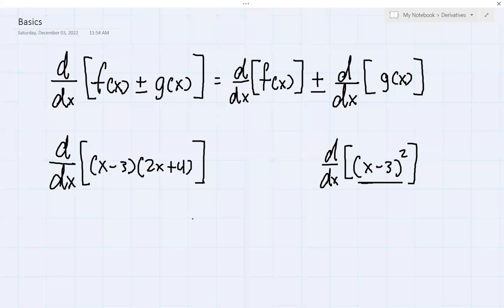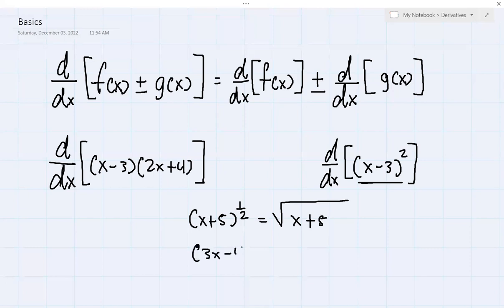What if meron akong ganito? Sabi natin x plus 5 raised to 1/2. So, meron kang exponent na ka-square root. Or, basically, exponent na ka-fraction. Kasi ito, kapag may fraction na ganito, ibig sabihin nun, naka-square root of x plus 5. Meron din ganito, 3x minus 4 raised to 3/4.